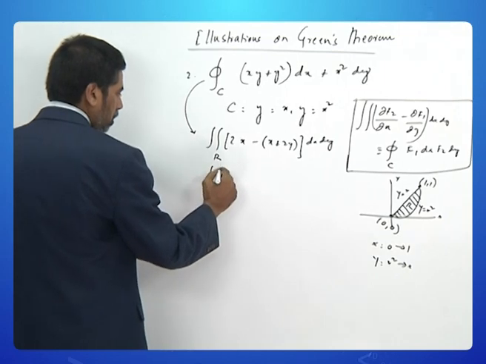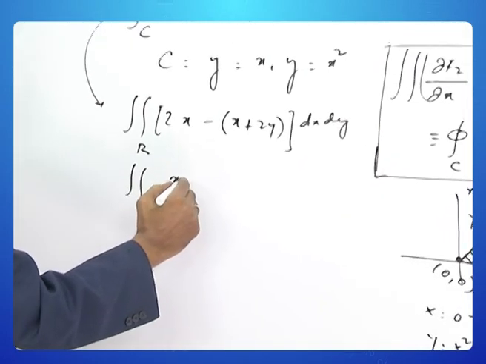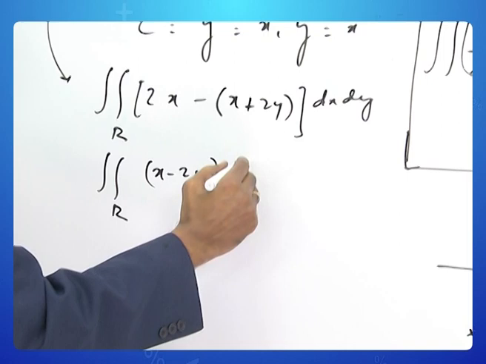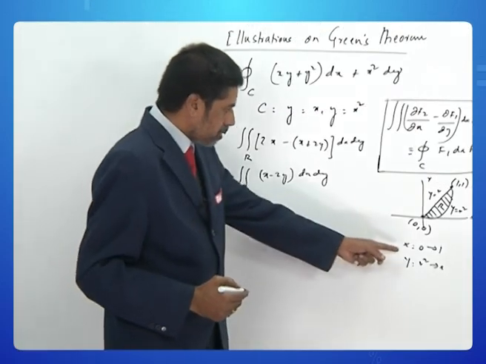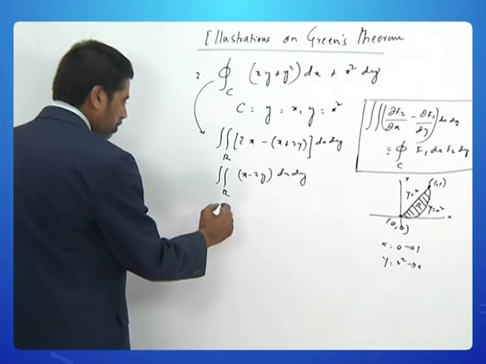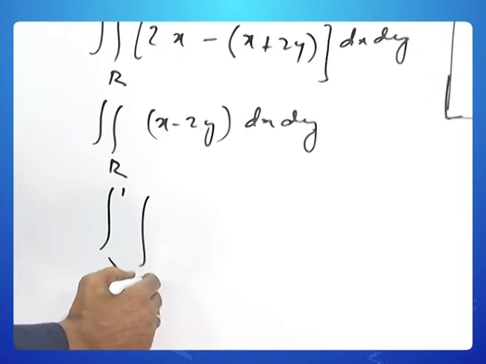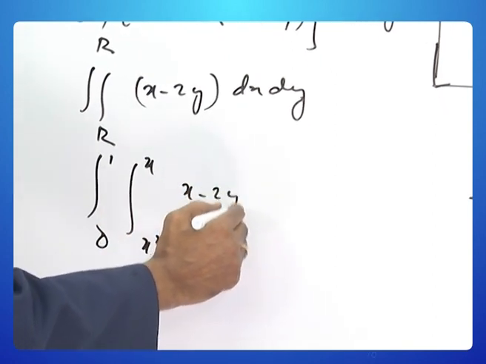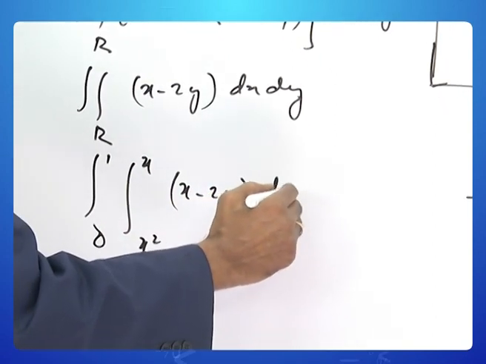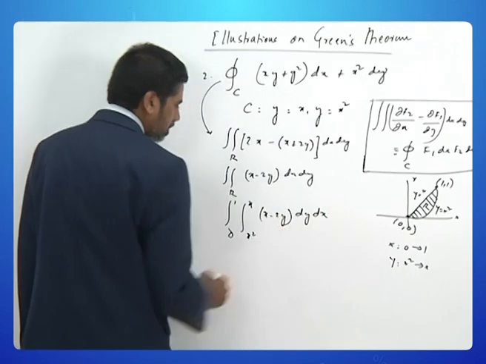So this is nothing but the double integral over R of (x − 2y) dx dy, and we have already worked out the limits of integration. So this will be x from 0 to 1, y from x² to x, of (x − 2y). The order of integration is dy dx.